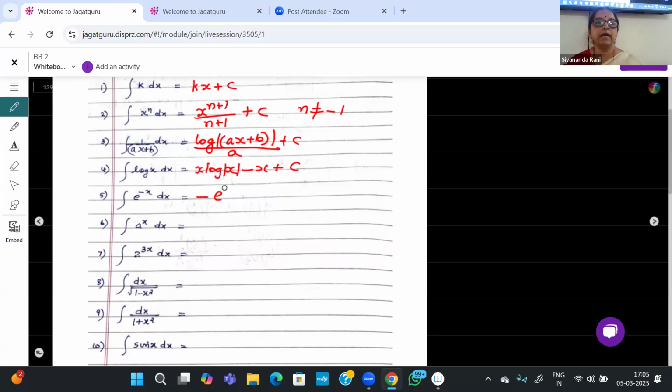This is like any exponential function, no? Exponential function, the integral is the same, but you have to divide by the coefficient of x. So a power x will be a power x by log a. Log a, when I say it's log a to base e, okay? 2 power 3x, can someone say?